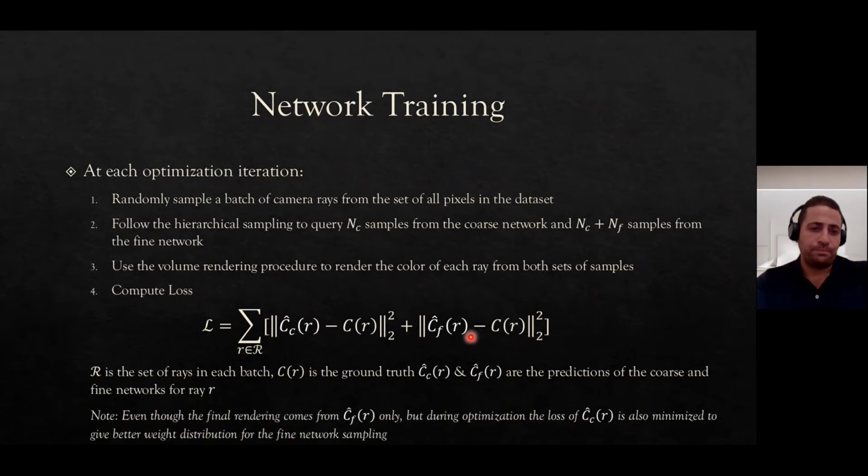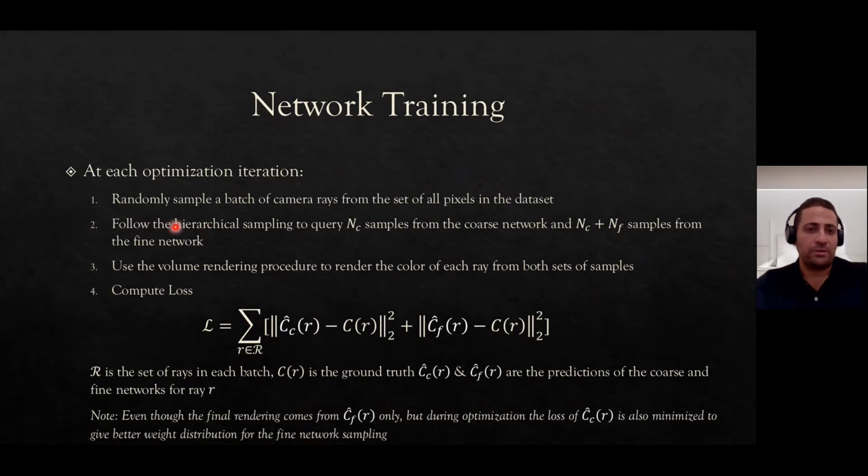They explain that even though the final rendering comes from C fine of r, during optimization the loss of C coarse of r is also minimized to give a better weight distribution for the fine network sampling. So they also optimize the coarse network in order to give a better sample representation for the fine network.